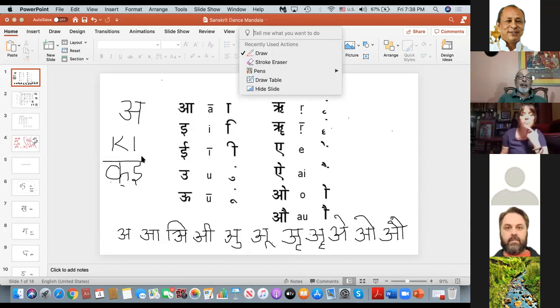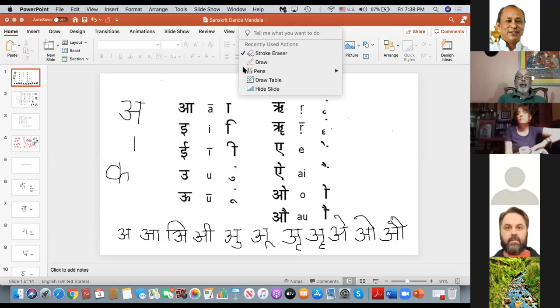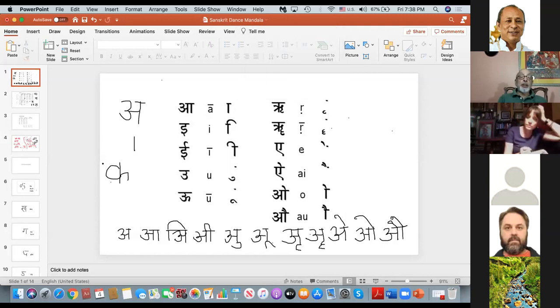The way we write, that's a Ka. Now, if you want to write key, you put I here. Okay, now it is key.